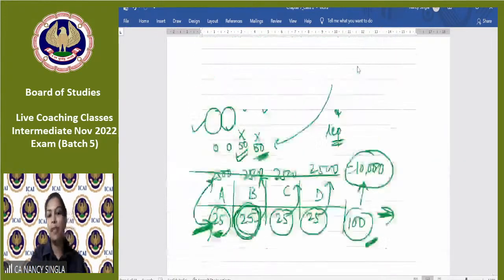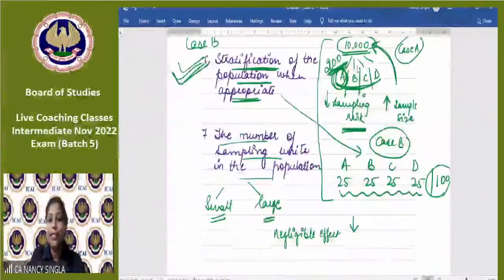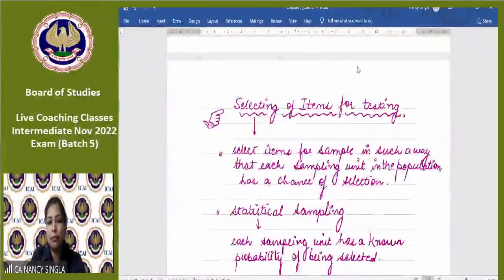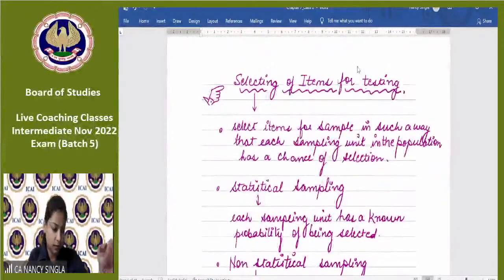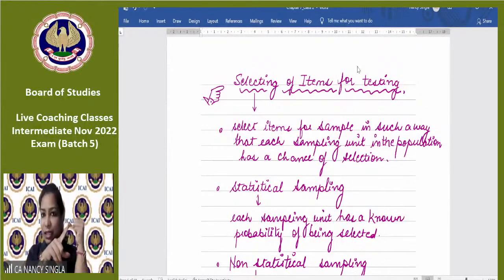Now, the next topic is sample selection. Selection of items for testing. So what have we done so far? Sample design, where we saw that we need to have an understanding of the purpose, the audit procedures, the audit evidence, and population characteristics, whether it is complete.